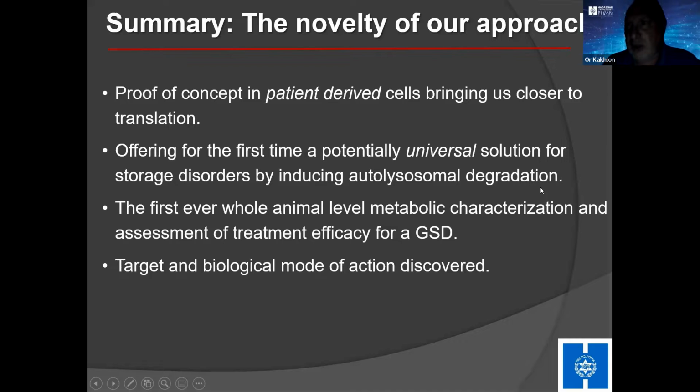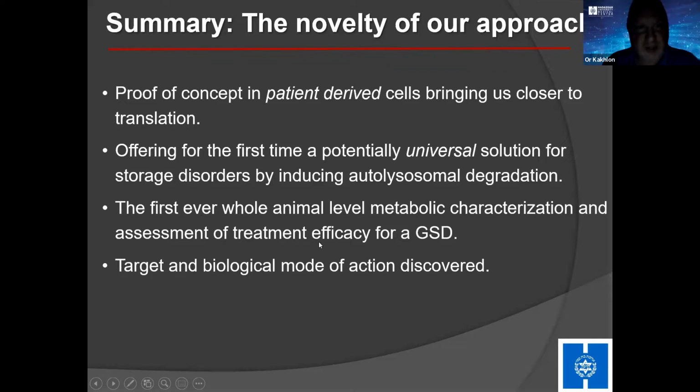It's a non-toxic induction of autolysosomal degradation, and since many storage diseases can be corrected by autophagy, or by reducing the burden of whatever substance is accumulating, you can do it by activating autophagy. So this can be a general, universal solution, at least in theory, and we also have some results for many different storage disorders.